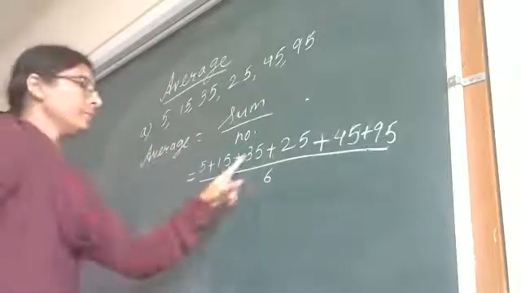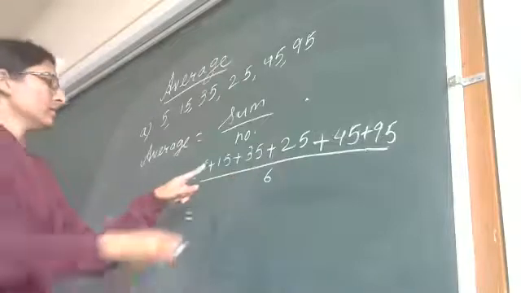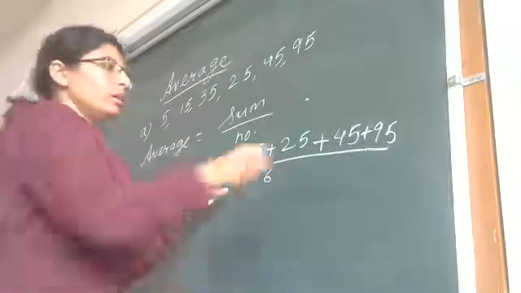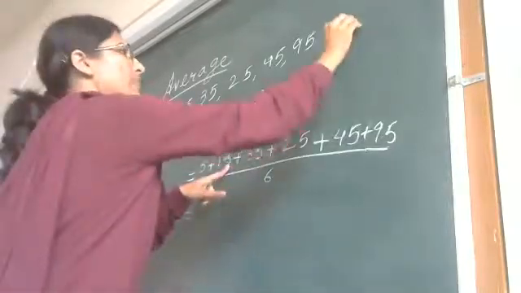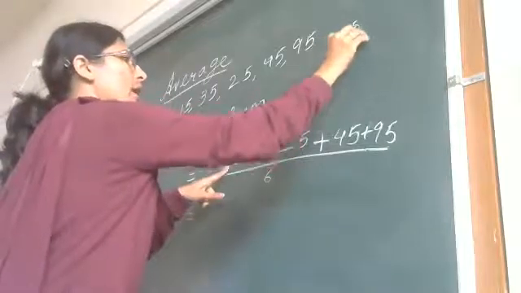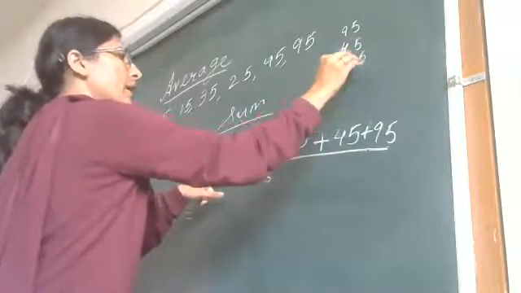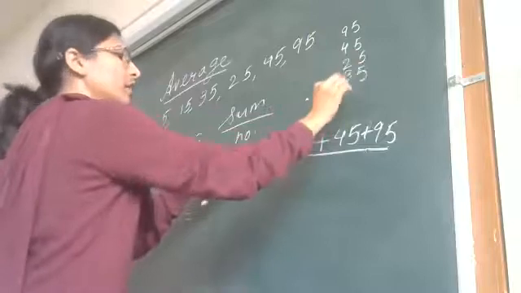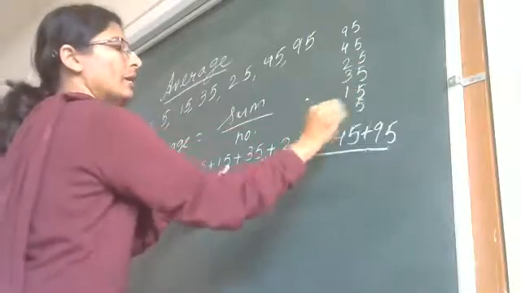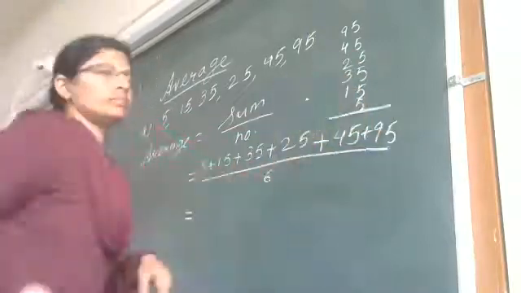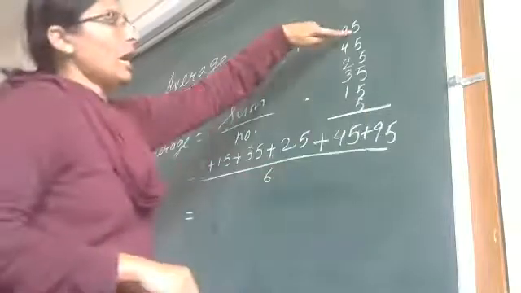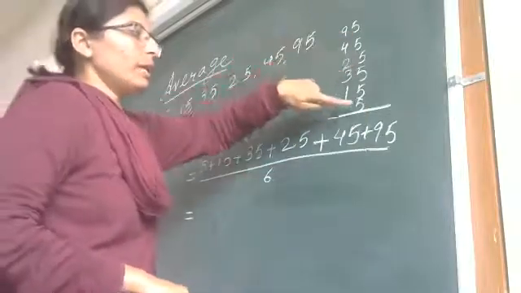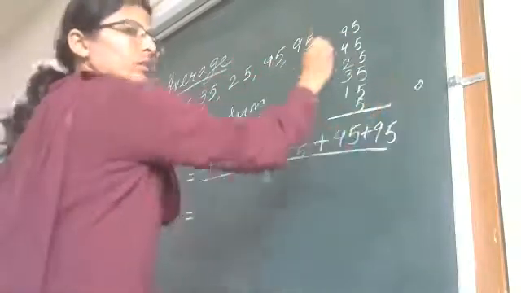Now add it all: 5 plus 95, 45, 25, 35, 15 and 5. 5, 10, 15, 20, 25, 30.